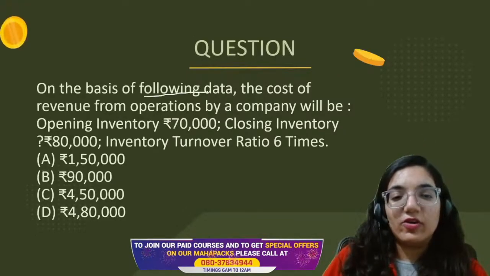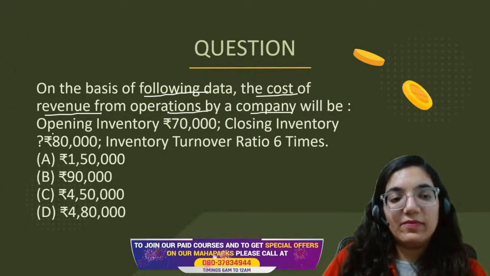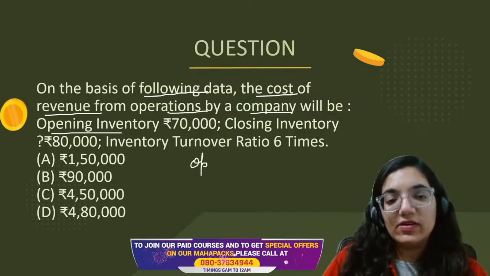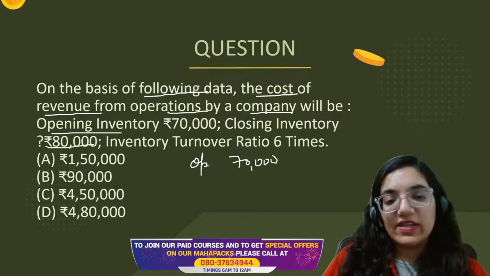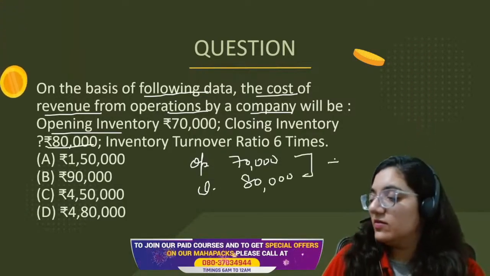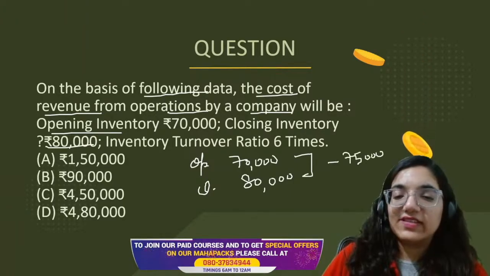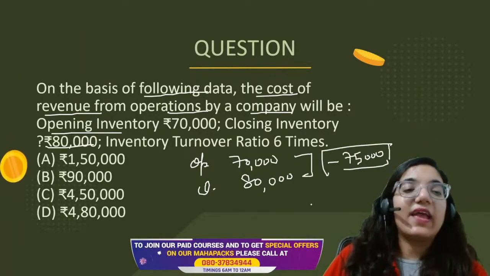On the basis of the following data, the cost of revenue from operations by the company will be: opening inventory is given 70,000. Closing is given 80,000. So what is the average, everyone? 70 plus 80 divided by 2 will give us 75,000. This is my average.